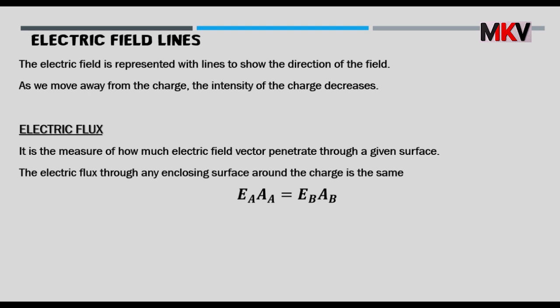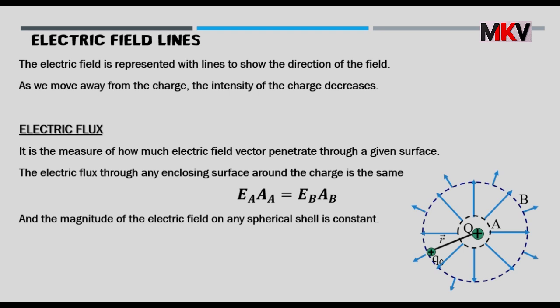So EA times AA equals EB times AB. This equation was generated from this diagram.